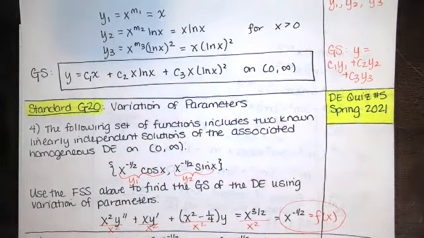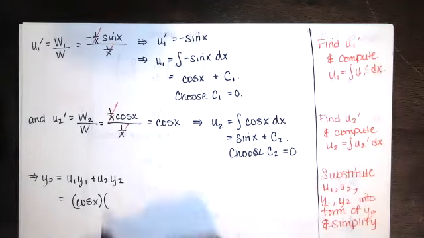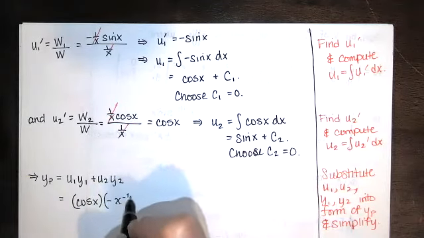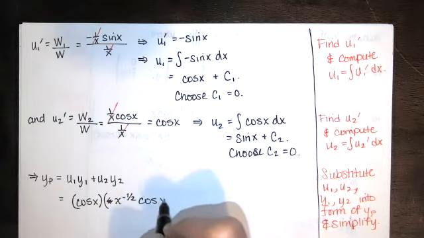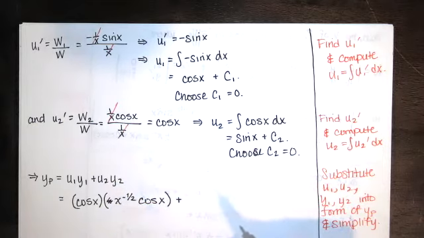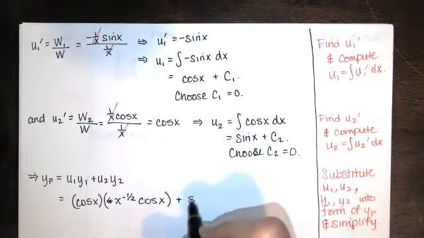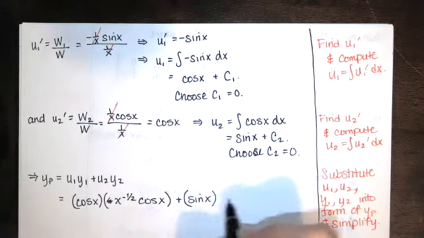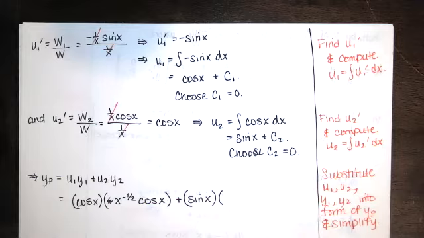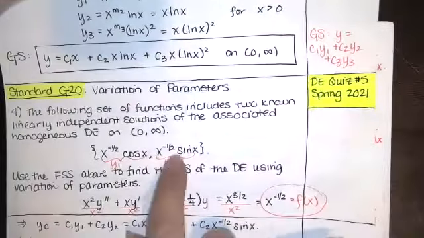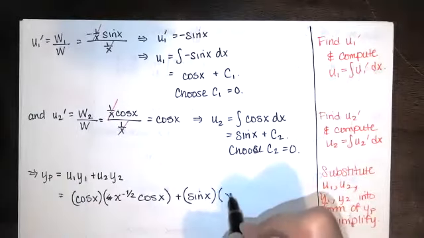So y1 is x to the negative 1/2 times cosine of x. And U2 was sine of x, and y2 was x to the negative 1/2 times sine of x.